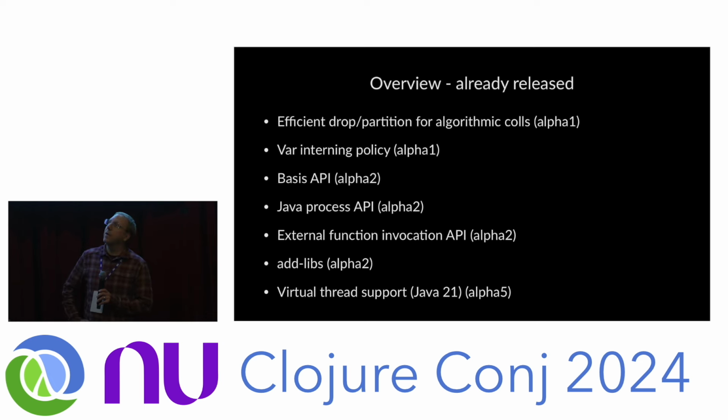Vars, by experience, had a certain policy that we tried to adhere to, but it was never explicit in the code, and so a lot of effort was done in trying to define what the var policy is.